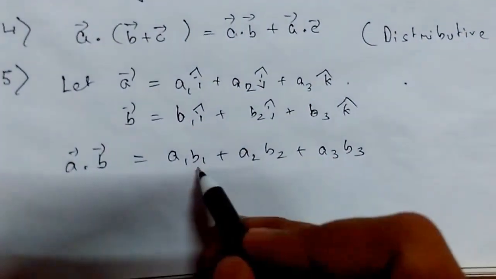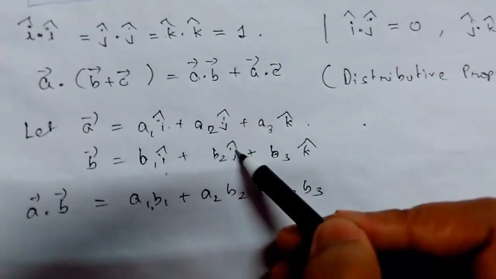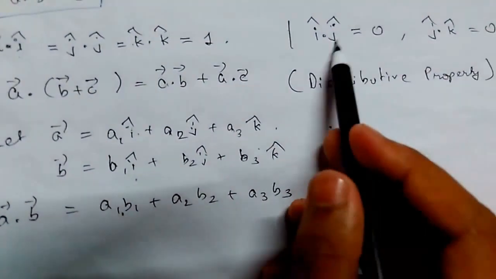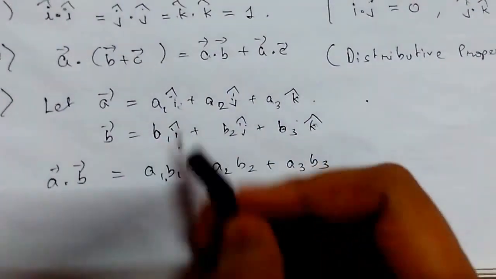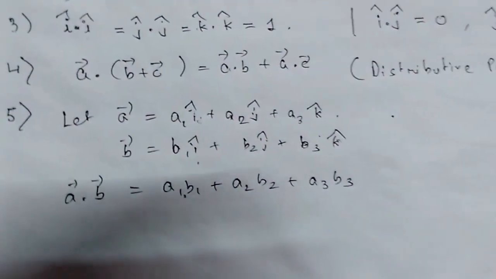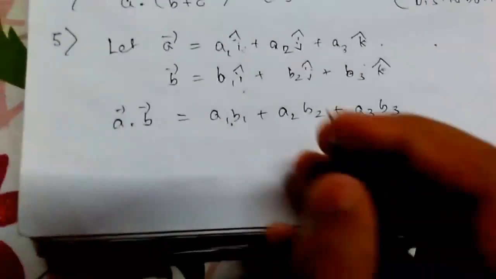We can see this works for the unit vector, because we will only multiply i by i. For the other, if you multiply i by j, that will give 0, i by k, that will also give 0, and similarly for all this, only the same component unit vector will get multiplied. So this was 5th property.